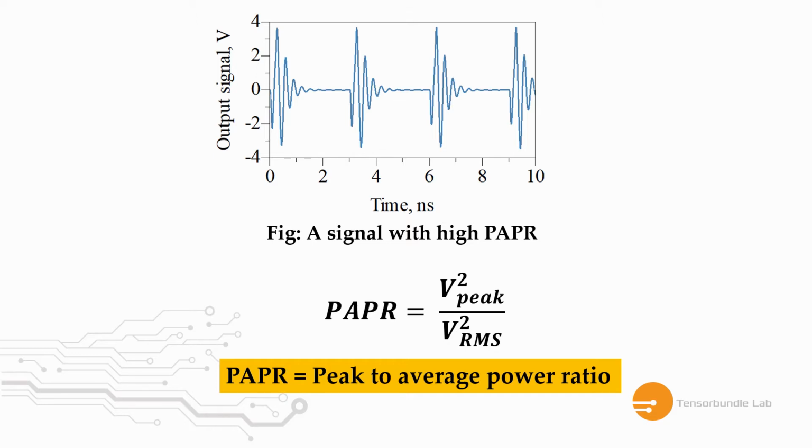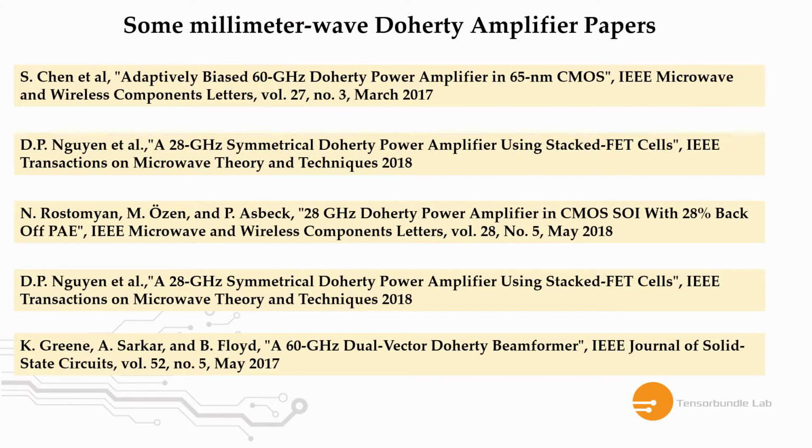And Doherty is very important in 5G applications too, because 5G will be implemented mostly in millimeter wave frequency. And I've seen papers on millimeter wave Doherty recently. And obviously, Doherty has a lot of potential in the application of 5G, no doubt at all.